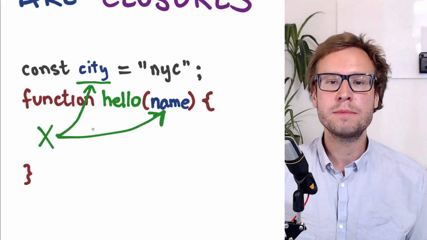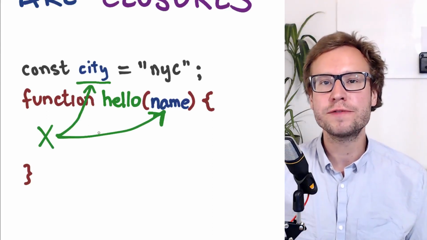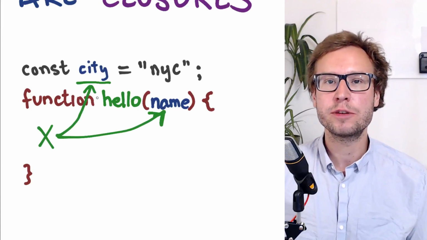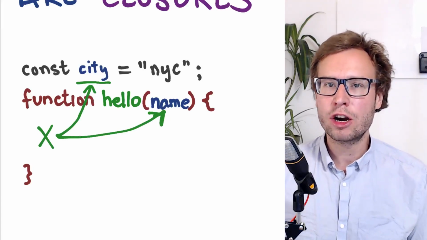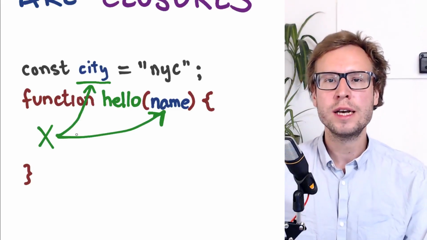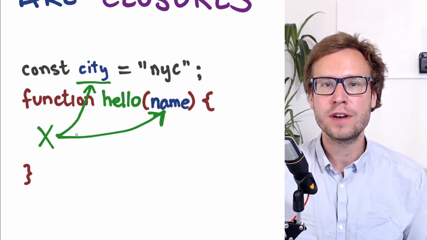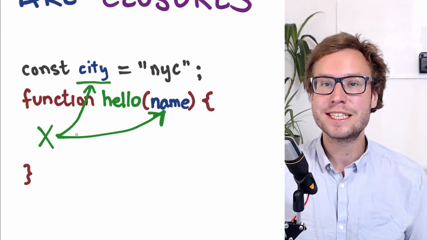In fact, in many languages, it just didn't seem like a useful thing to be able to access variables outside. And you might ask, why would you say we don't want that? It makes things simpler. That's one reason.